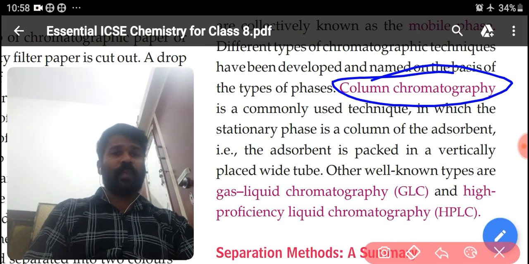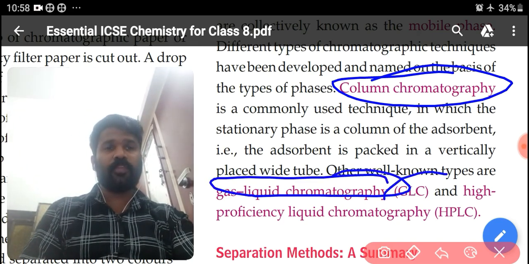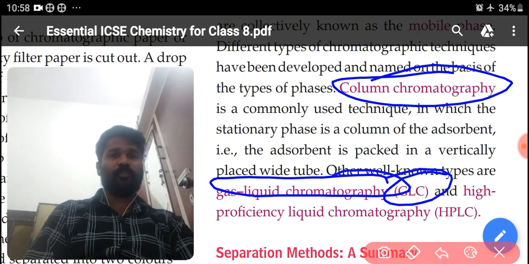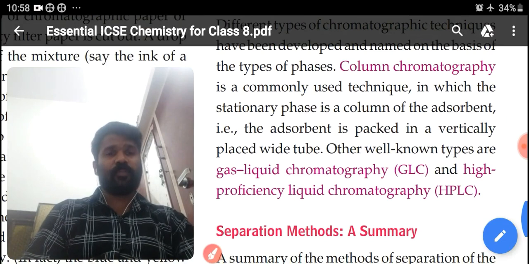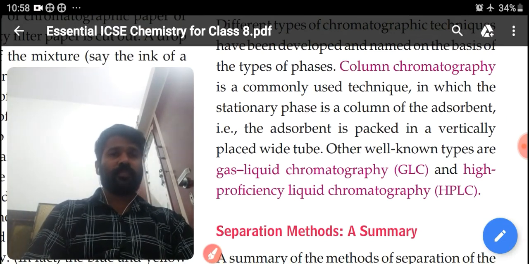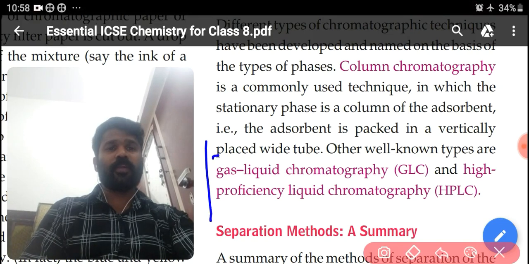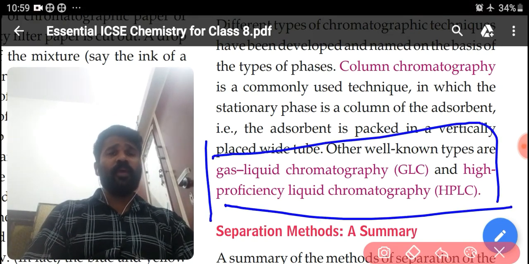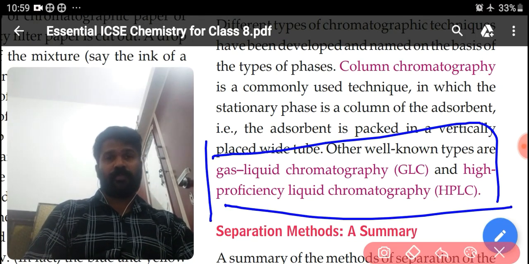Other well-known types are gas liquid chromatography, GLC, and high performance liquid chromatography, HPLC.